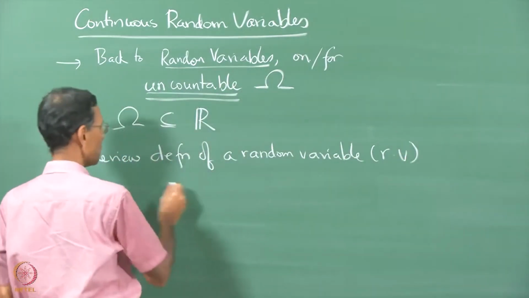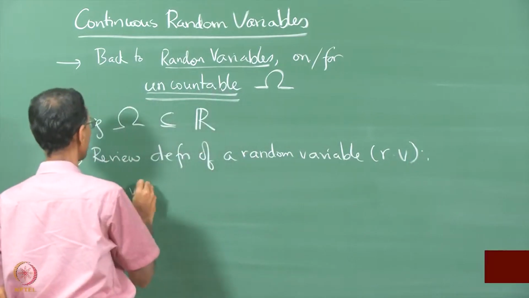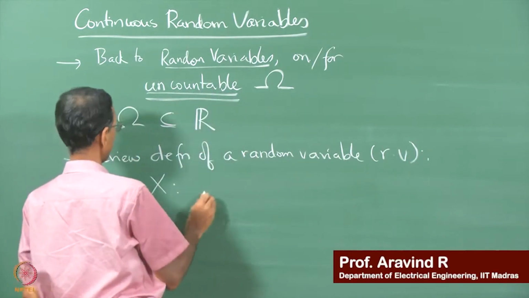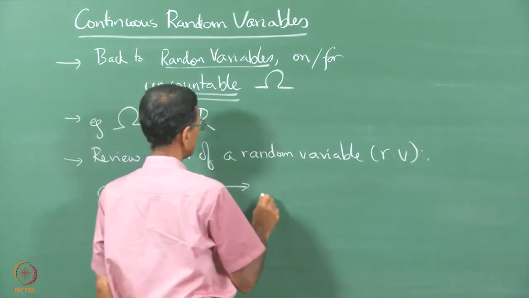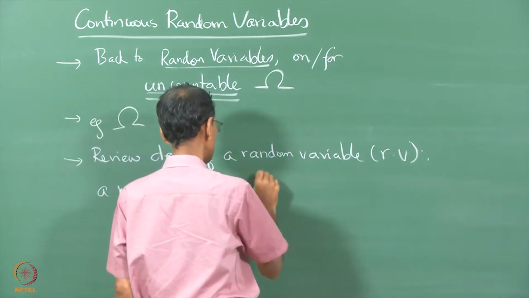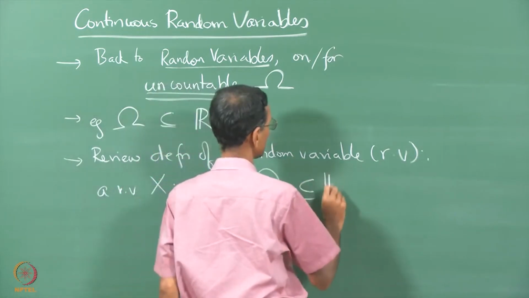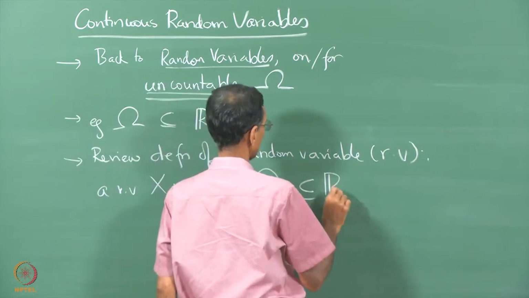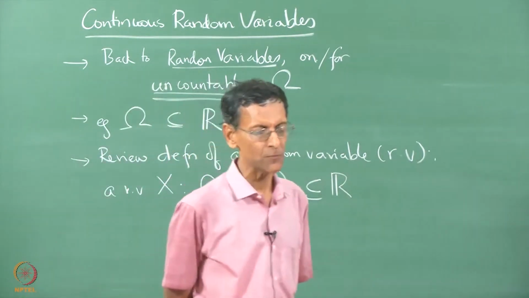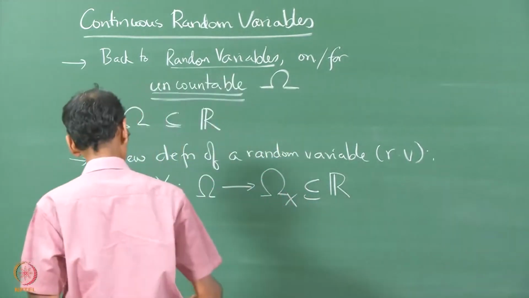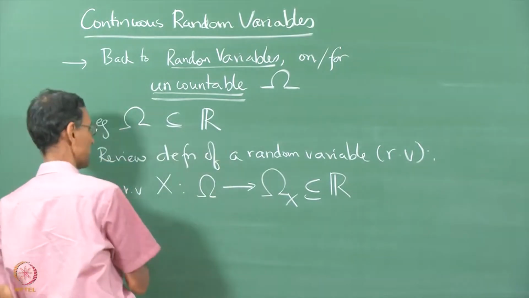So, a random variable x is basically a mapping between the sample space and its range space, that is, the set of values that x takes, which is a subset of the real line. So, if this omega x is countable, which was the situation in all the earlier examples, then we called x a discrete random variable.